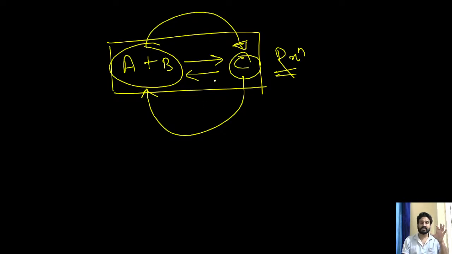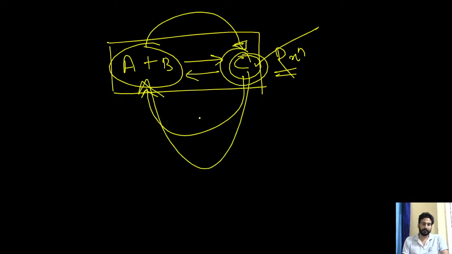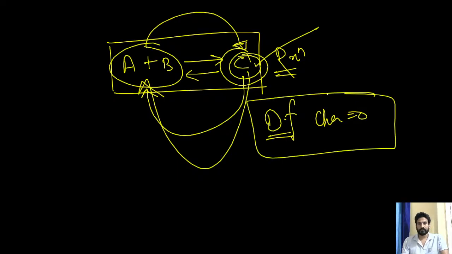No further reactant can be converted into product. No further product can be converted into reactant. That means the driving force for this chemical reaction is equal to 0. I hope you know that for any chemical reaction to happen, there should be a driving force.